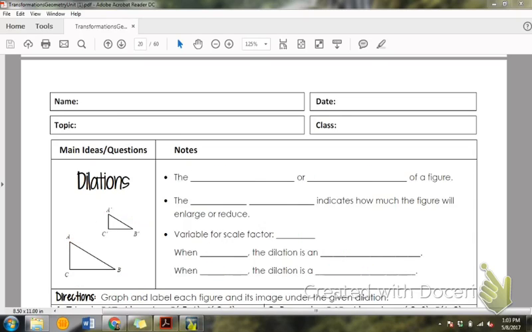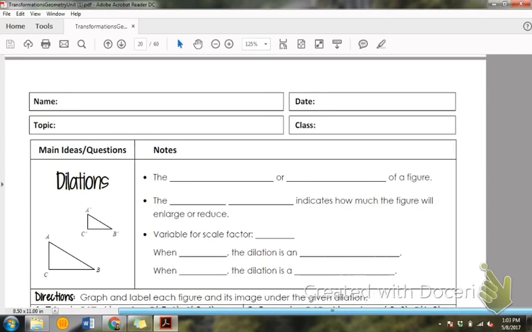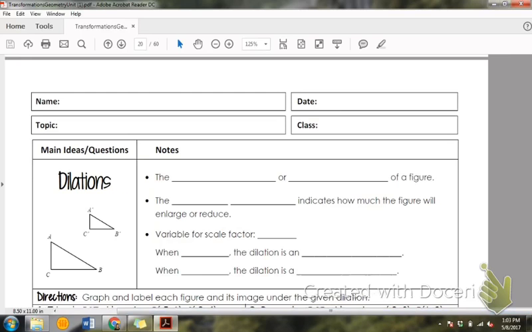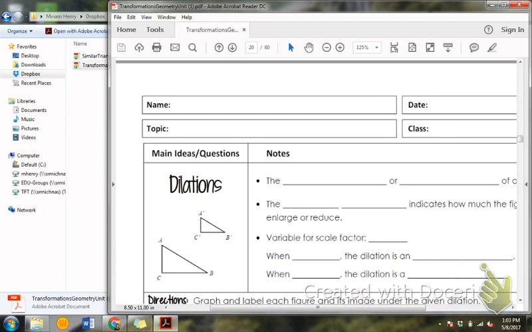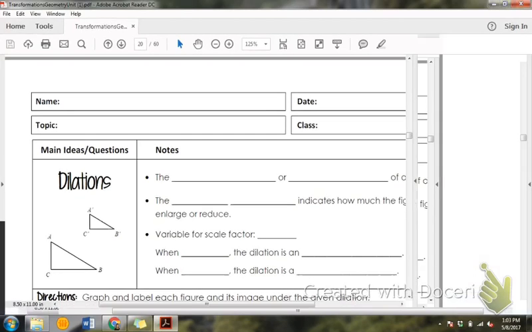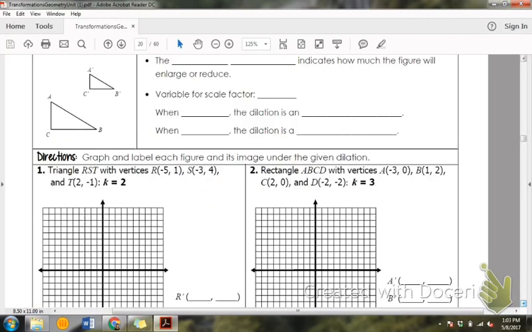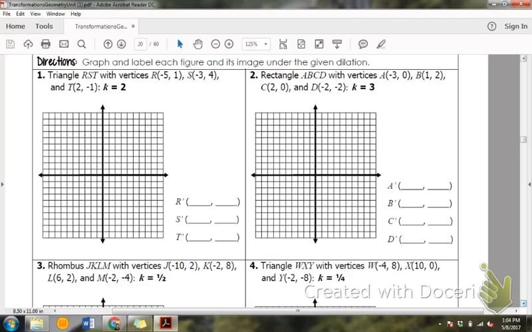Sometimes it's a dotted thing, but because these graphs are kind of hard to see, if you want to use a highlighter to help, you are welcome to do that so that you can see the pre-image versus the image. RST, does anyone want a highlighter or a color pencil or anything? Okay. Make sure you label R, S, and T. Again, these little graphs are pretty hard.